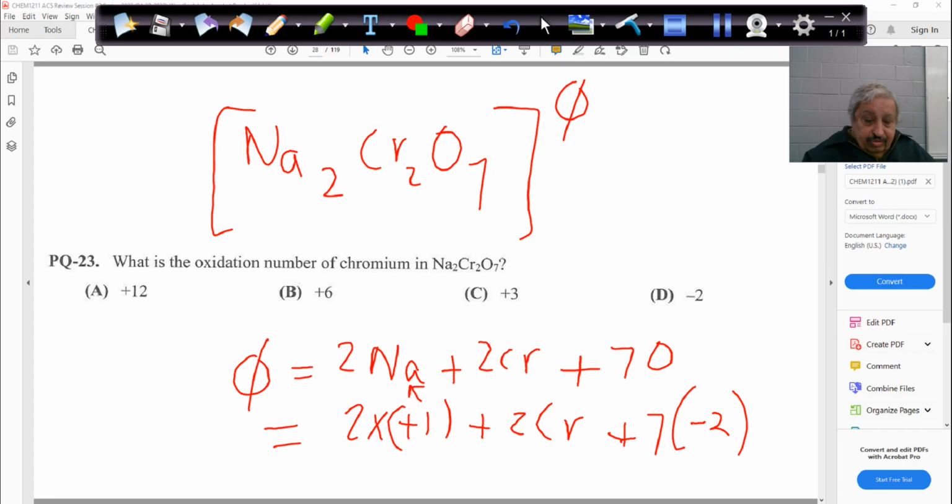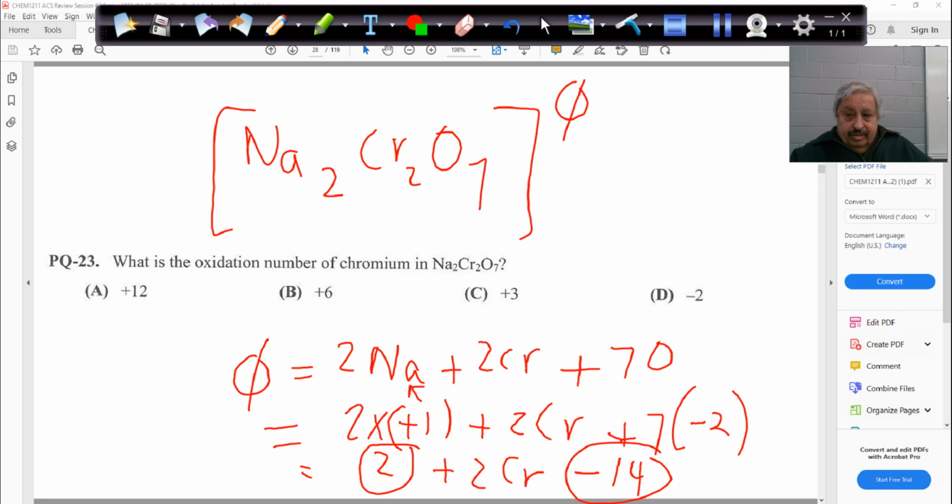So you have 2 plus 2 chromium plus 7 times minus 2, which is minus 14. Correct? Minus 14 plus 2 makes minus 12. So 0 equals minus 12 plus 2 chromium.